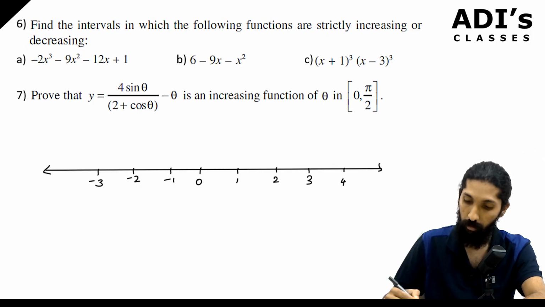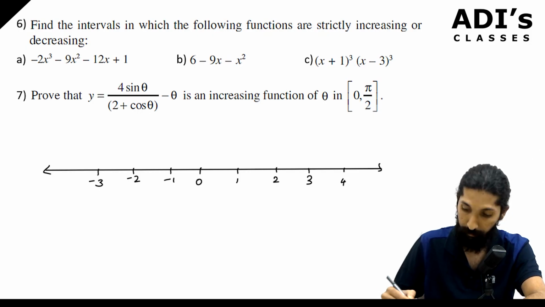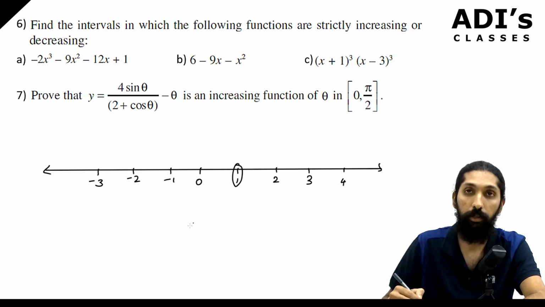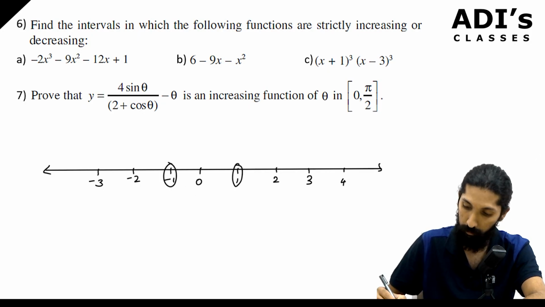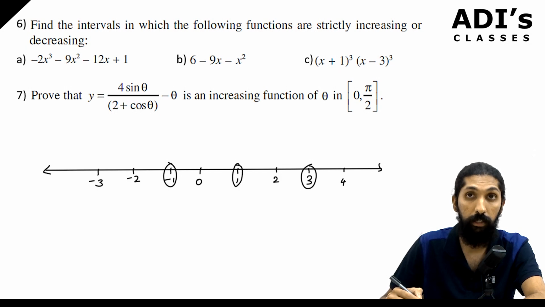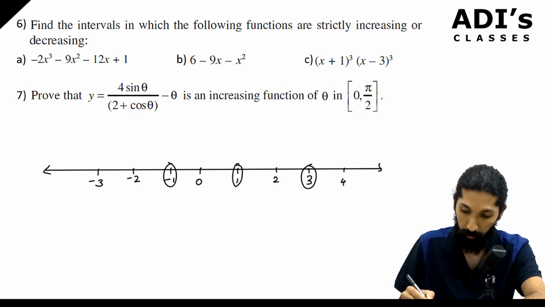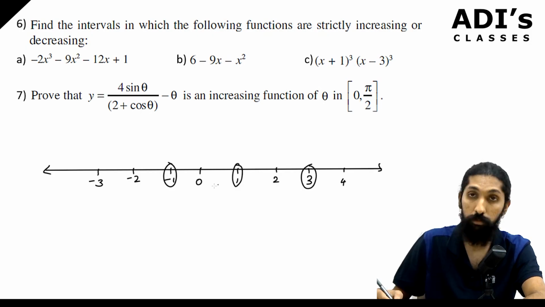Now one point is x as 1, another one is minus 1, and another one is 3. So we need to take intervals: minus infinity to minus 1, minus 1 to 1, 1 to 3, 3 to infinity, correct?